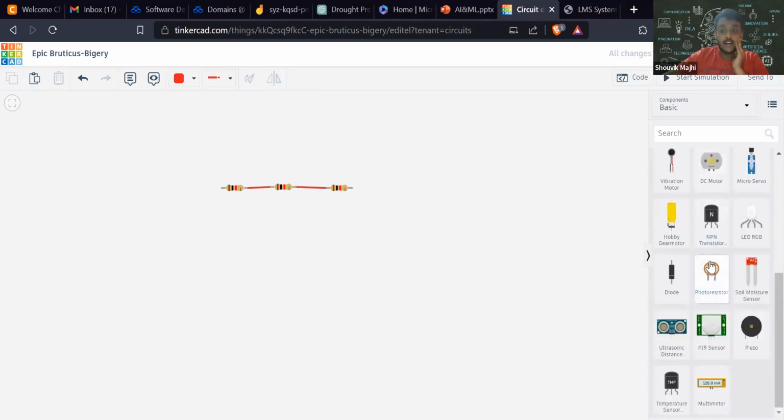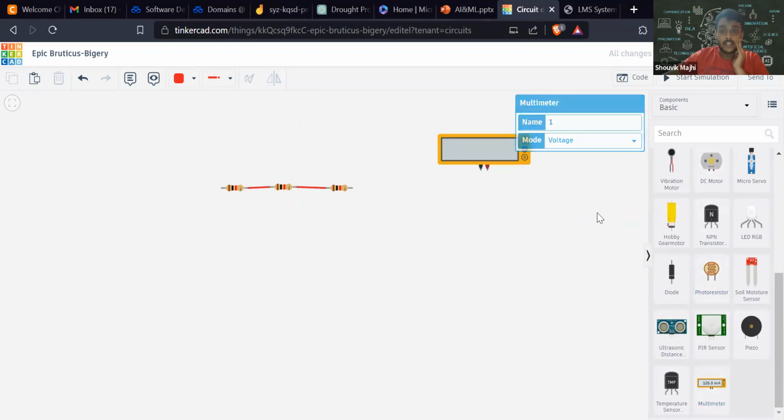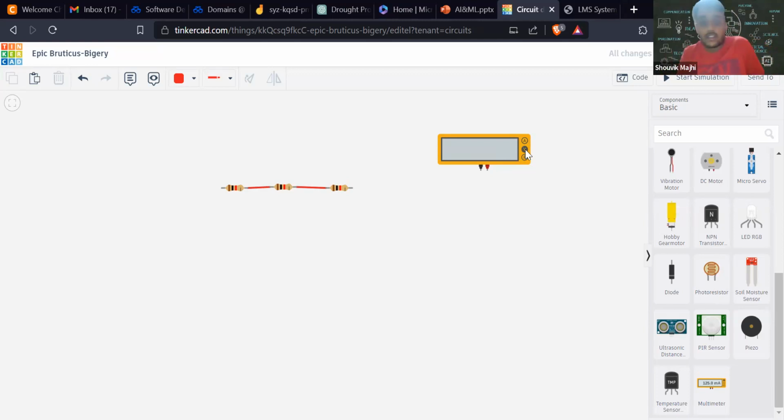For that we have a component called a multimeter. A multimeter helps us measure different things: the current flowing through it, in amperes, the voltage across a circuit, defined in volts, and the resistance in a circuit, meaning how many kilo ohms or ohms the resistance is.